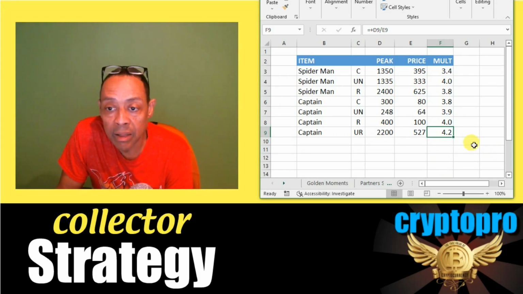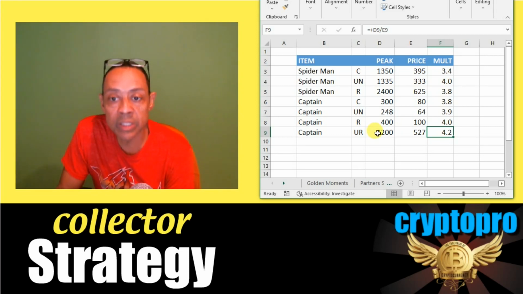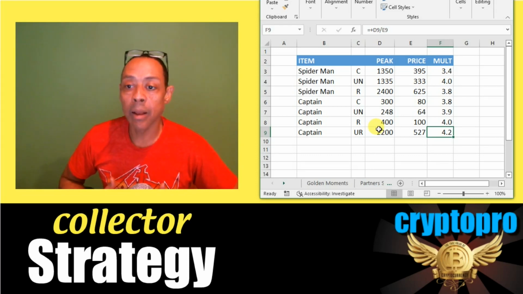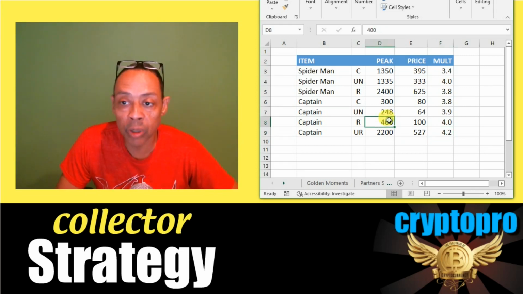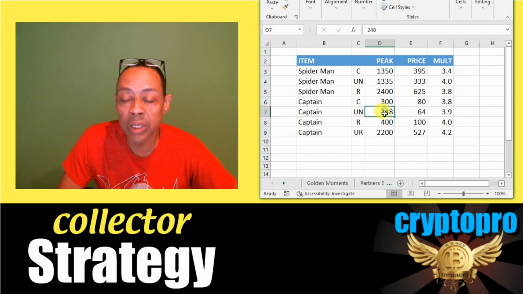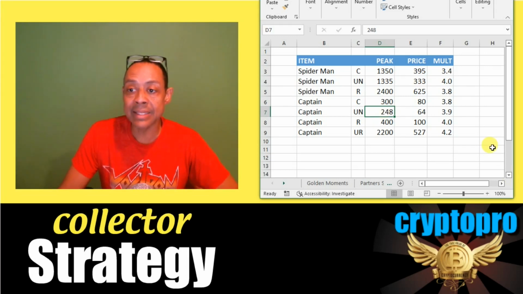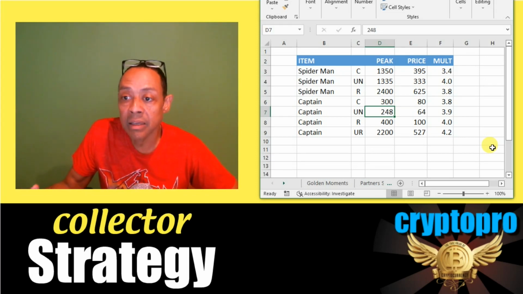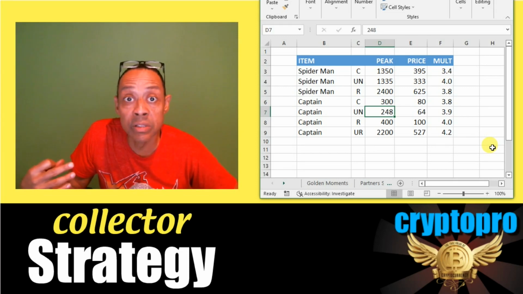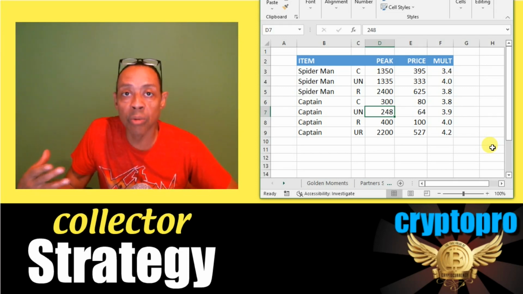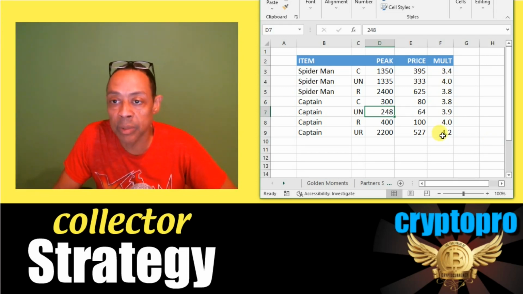And again, this is not what the next peak is going to be, but it's conservative, because I would expect that the next peak cycle will be greater than the previous. So it'll be 2,200 or more, 400 or more, 248 or more. You get the point. But this will at least let us know that at a certain current price, which ones have the greatest potential multiplying effect based on the most conservative peak price.